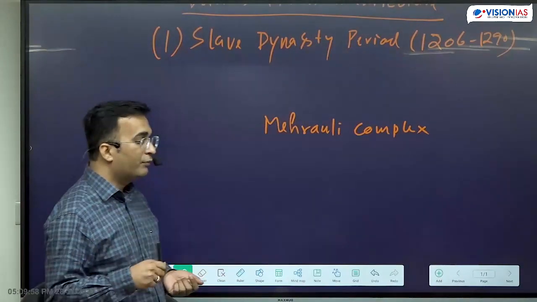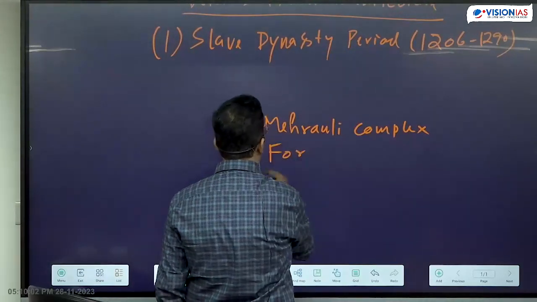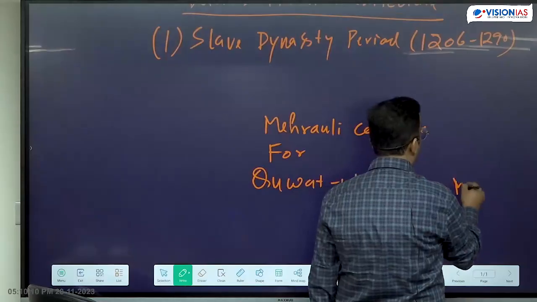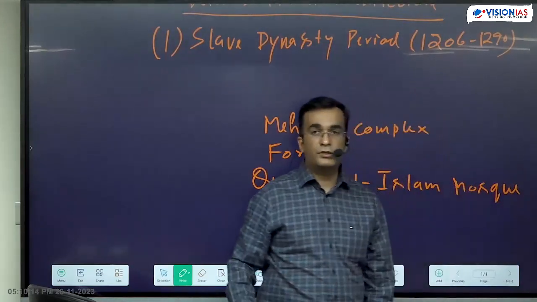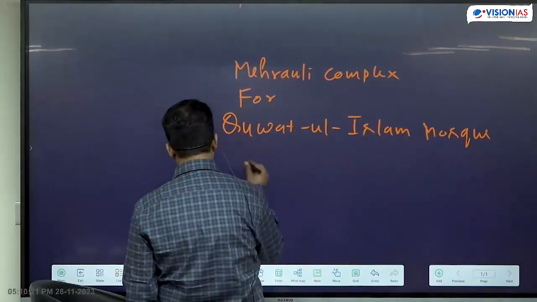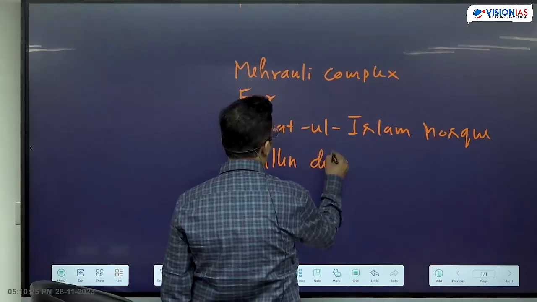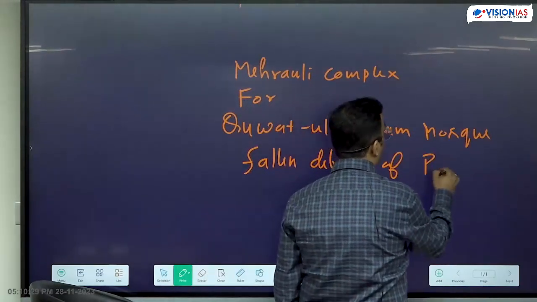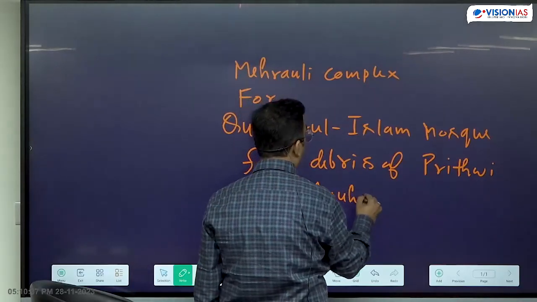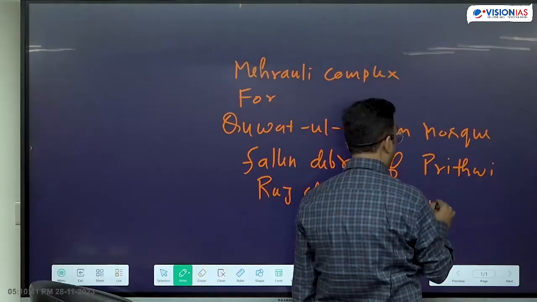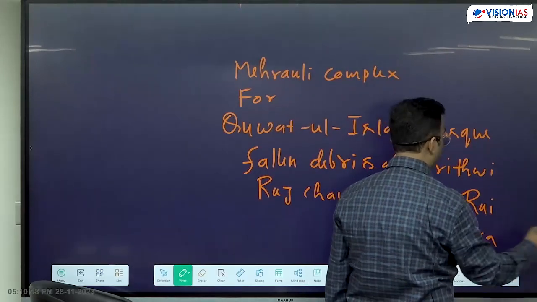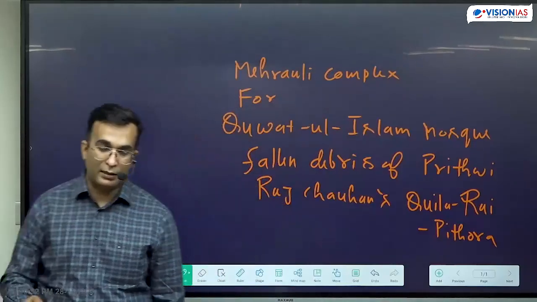So add that, for example, the Quwwat ul Islam Mosque was constructed with the fallen debris of Prithviraj Chauhan's Kila Rai Pithoda.